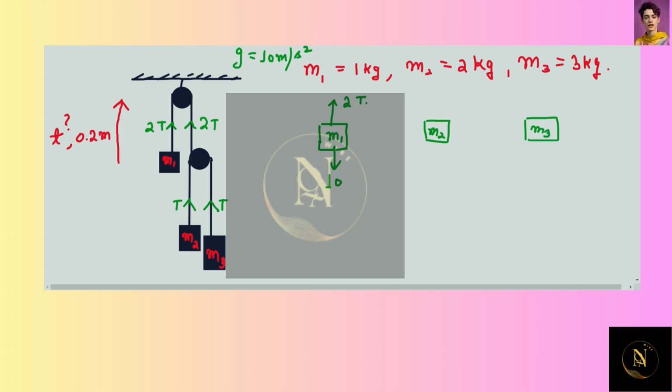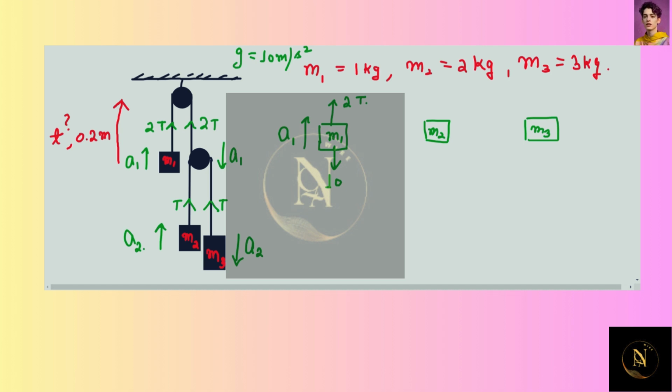Also there will be acceleration. Let's say its acceleration is A1. And now the pulley will also have the acceleration A1 in the downward direction. We will suppose that M2 has the acceleration A2, and M3 will also have the acceleration A2. These are the accelerations with reference to a person on the ground.